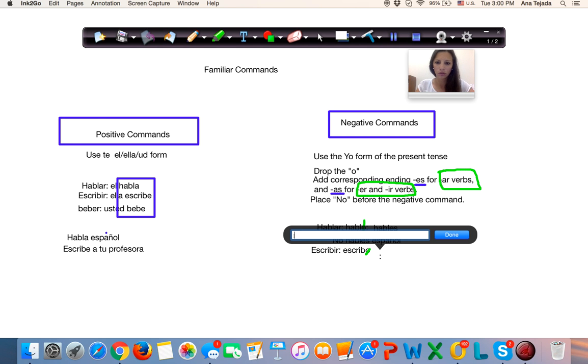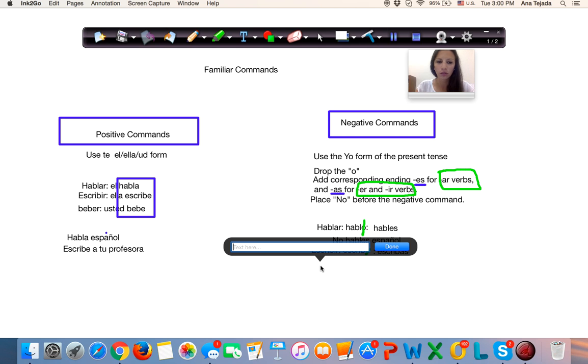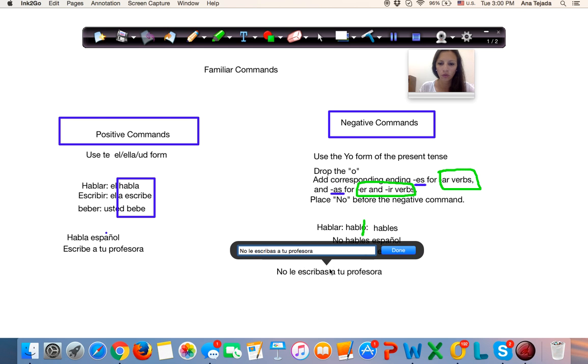Escribas. According to its previous phrase over here, escribe a tu profesora, we're going to have no escribas a tu profesora. No le escribas a tu profesora.